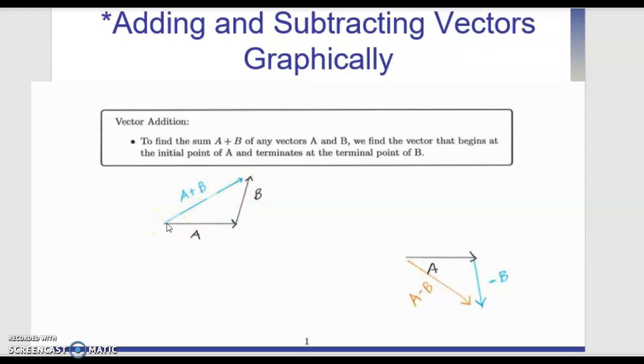So, adding vector A and vector B with this first example, starting at the initial point of vector A, drawing a vector to the terminal point of vector B, we now graphically represent in blue vector A plus vector B, that sum.